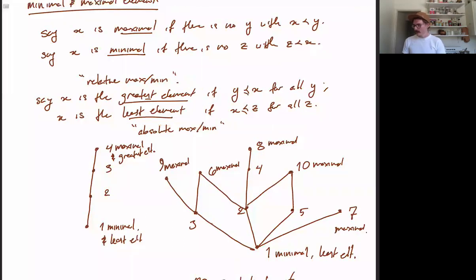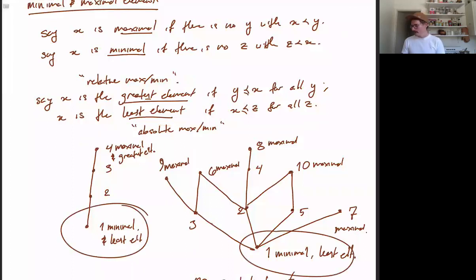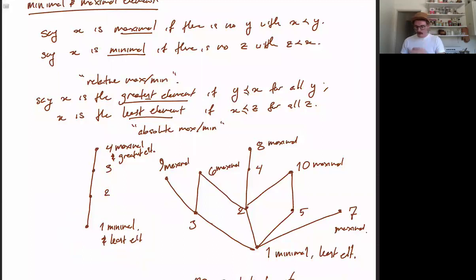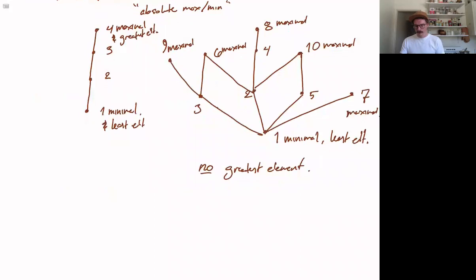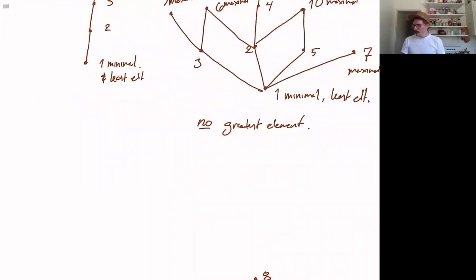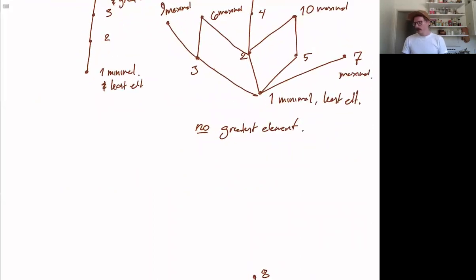So if you have a greatest element, you will have exactly one of them. And if you have a least element, you will have exactly one of them as well. So that is what we are talking about with specific elements.